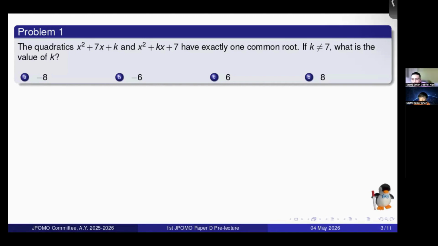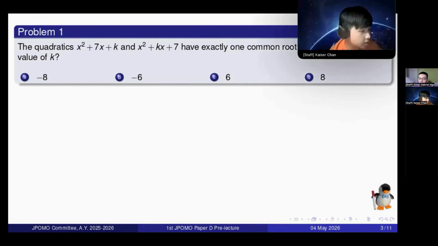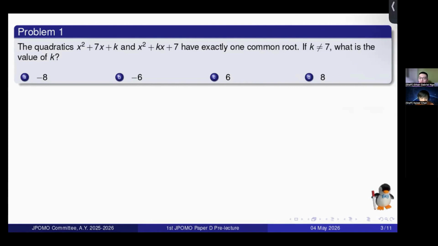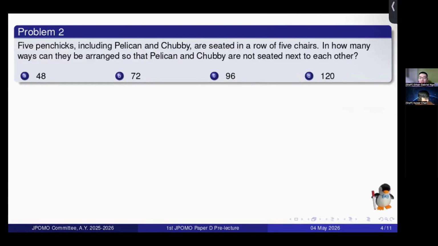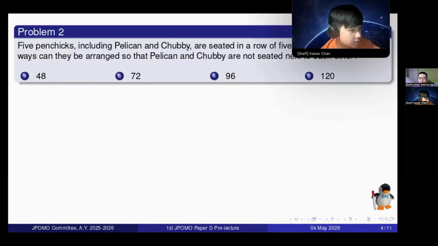Okay, that's actually correct. One way would be to let the common root be r. Can you give me a minute because I am unable to annotate. I'll stop share first. Sorry, guys.